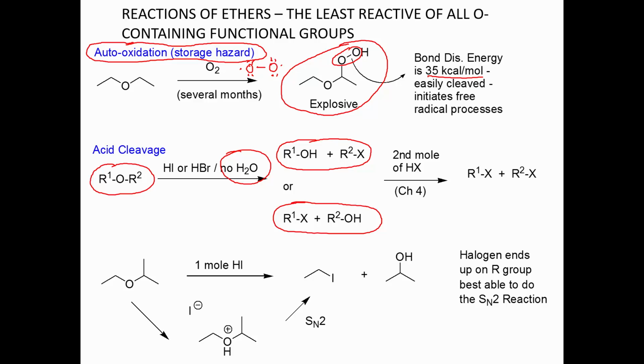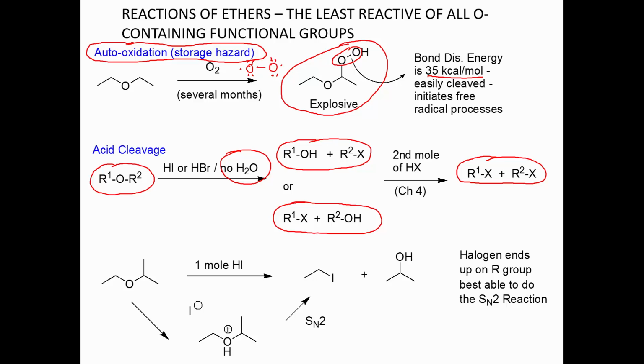Okay, and if you use a large excess of HI or HBr, a reaction that you saw a long time ago, alcohols reacting with HX, is going to occur also, and you're just going to get 2 moles of 2 different alkyl halides if your starting ether is unsymmetrical. Okay, so how do you know who gets who?